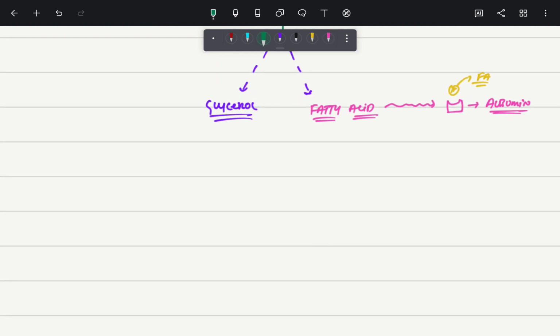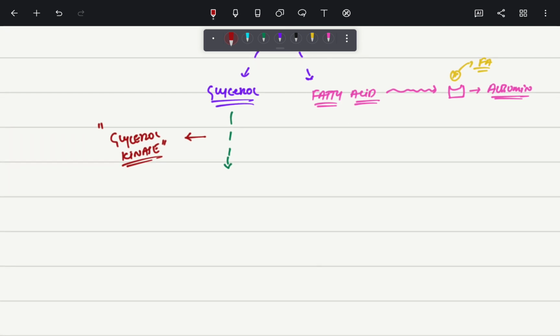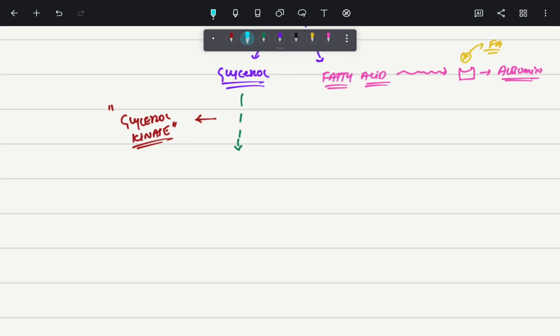Now as you can see here, we have this glycerol component, which can be acted on by an enzyme called glycerol kinase. This enzyme is very important, because glycerol kinase activity is absent in some tissues, and those tissues which have a deficiency of glycerol kinase activity cannot convert the glycerol into glycerol 3-phosphate.